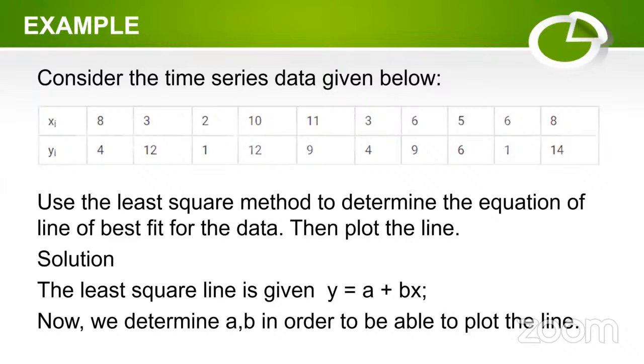We are asked to use the least square method to determine the equation of the line of best fit for this data. Here we just have a series of data, but how do we connect each node? Which nodes are we to connect that will give us the minimum, the proper trend? So the least square line is given as y equals a plus bx.